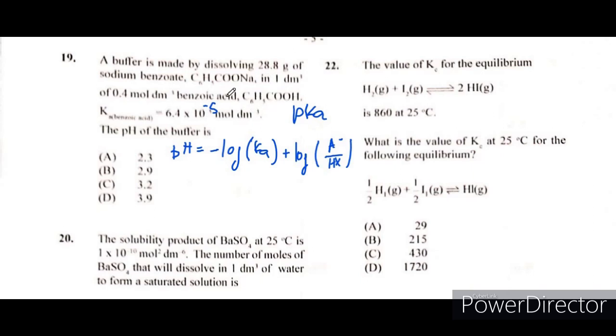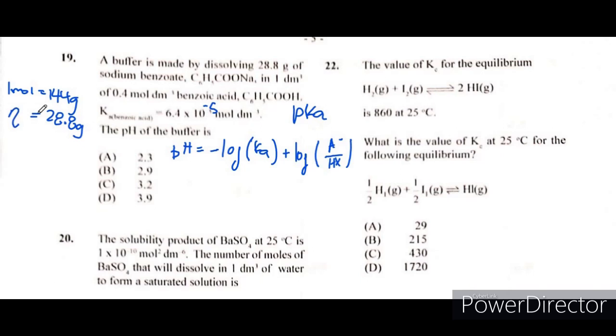Now 1 mole of sodium benzoate is equal to 12 times 6, because there are 6 carbons, plus 5 hydrogens, 5 times 1, that's 5, plus another carbon, so 12. There are 2 oxygens, so 32, and sodium is 23, so we get 144 grams, and we have 28.8, and we need to find how many moles that would be.